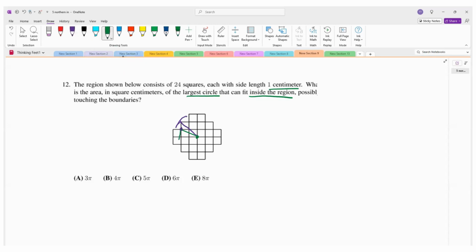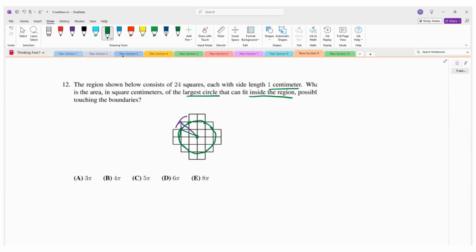So if I were to draw a circle that way, it's going to become something like this. Something like this. And that keeps it inside the boundaries.